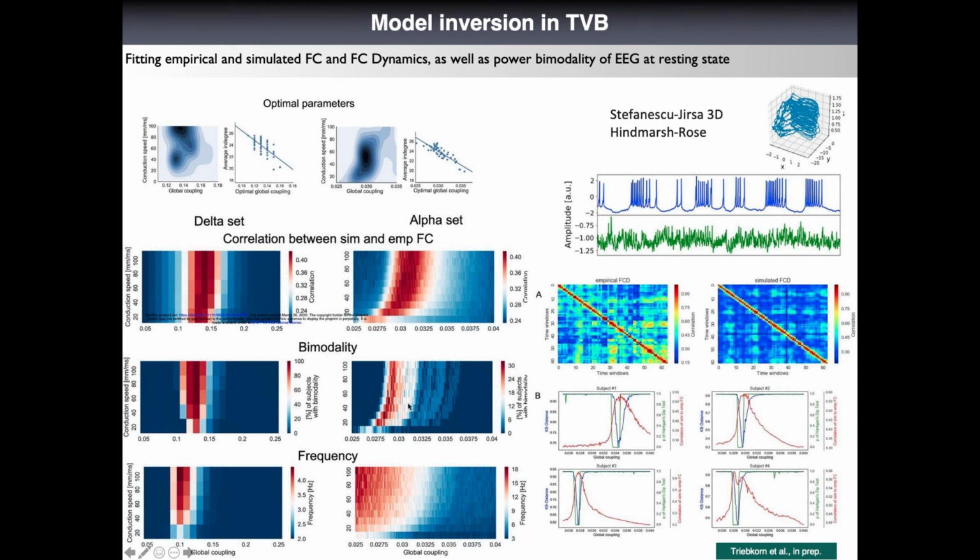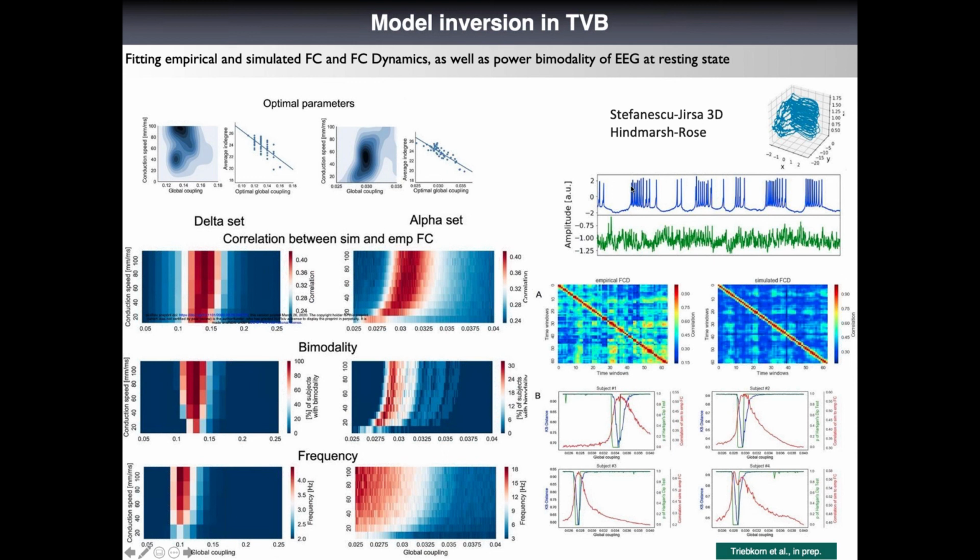And what's more, for similar parameter regimes, they also managed to have a high correlation for other features of the dynamics, which is the bimodality of the EEG power, for instance, as well as the FCD dynamics, that is, the different networks that appear and the different statistics of transitions from one network to the other of the functional connectivity.